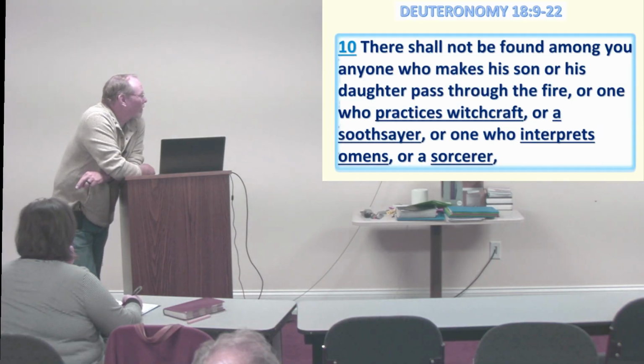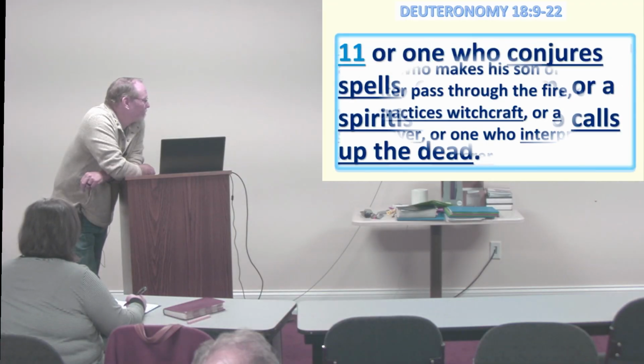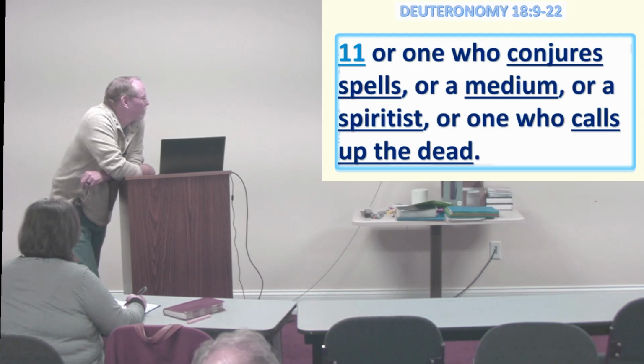There shall not be found among you anyone who makes his son or his daughter pass through the fire, or one who practices witchcraft, or a soothsayer, or one who interprets omens, or a sorcerer, or one who conjures spells, or a medium, or a spiritist, or one who calls up the dead.